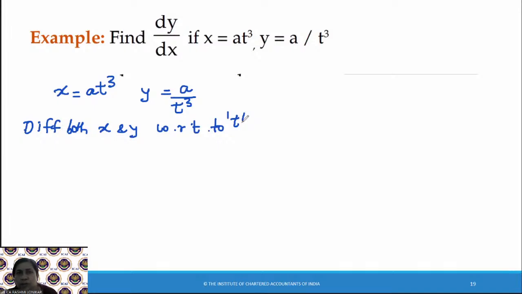I will be able to find out when both x is given in terms of t and y is also given in terms of t. So what will be my dx by dt? dx by dt will be equal to a, what is the derivative of t cube? 3t square. So dx by dt is 3a t square.